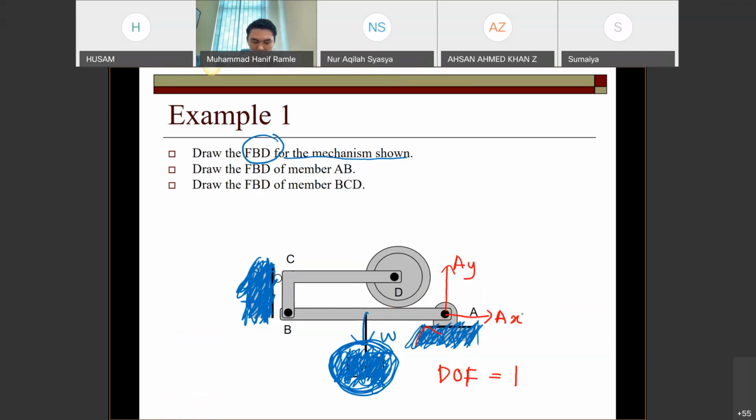How about at point C? How many reactions there? Upward and downward. Is that a reaction? It moves upward and downward, isn't it? So you are talking about movement, right? Yes, doctor.